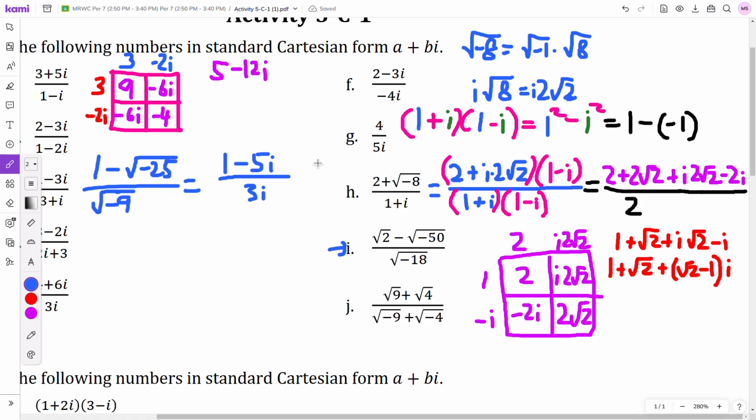And so now, to make the denominator real, do I multiply by like minus 3i, or what do I do? By what? Yeah, I mean, if it's 0 plus 3i, if I just multiply by 0 minus 3i and I do the thing, it should get rid of it.